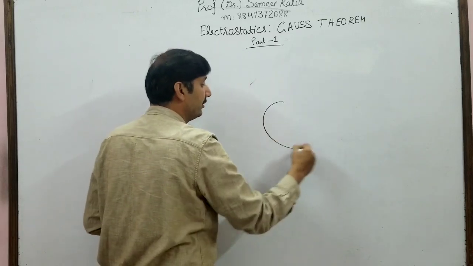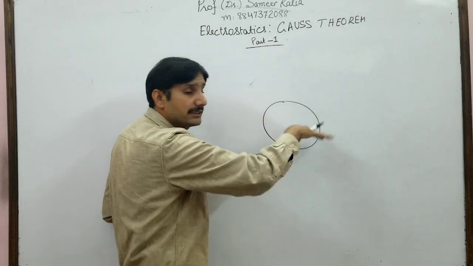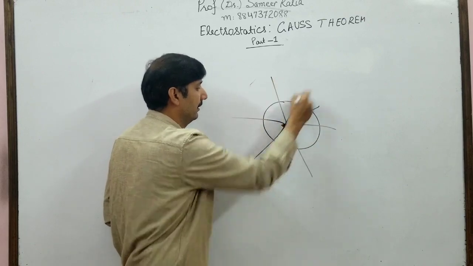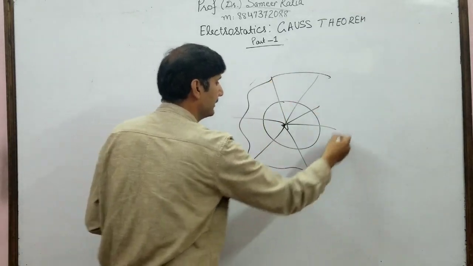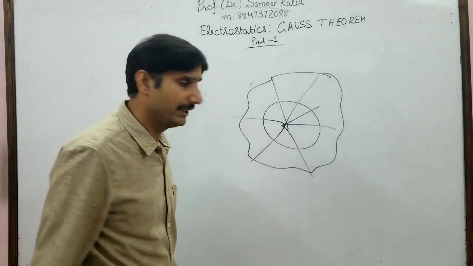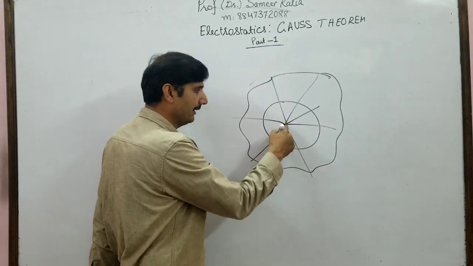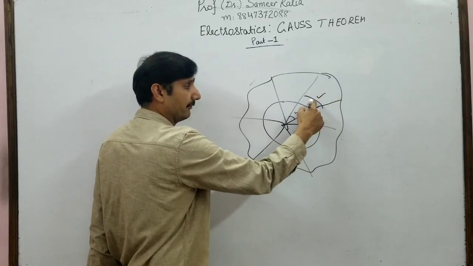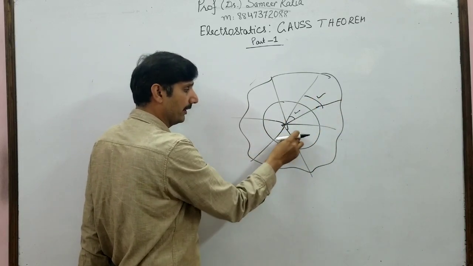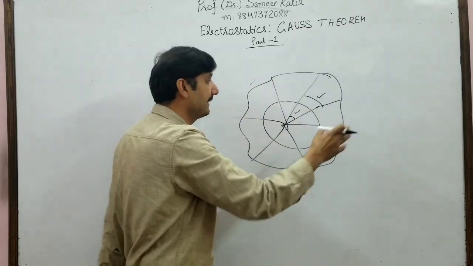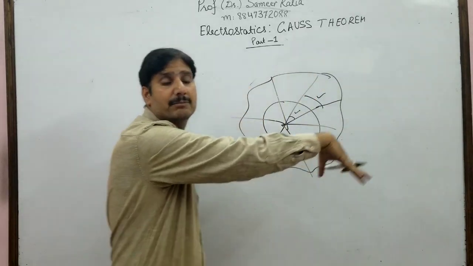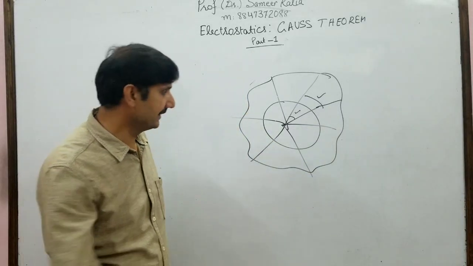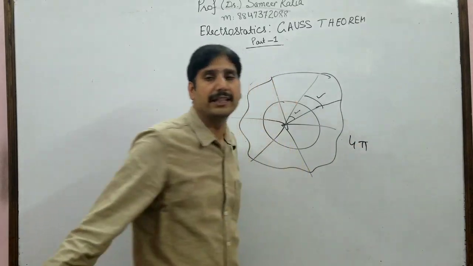We know the total solid angle subtended by a sphere at the center is 4 pi, and you can extend it. If there is any closed surface of arbitrary shape, the solid angle subtended at this point would be the same, because this angle would be the same as this angle. Therefore, the sum of individual solid angles subtended by the sphere is the same as the total solid angle subtended by this arbitrarily shaped closed surface, which is equal to 4 pi steradians.